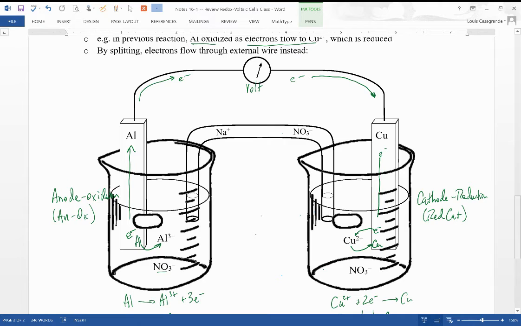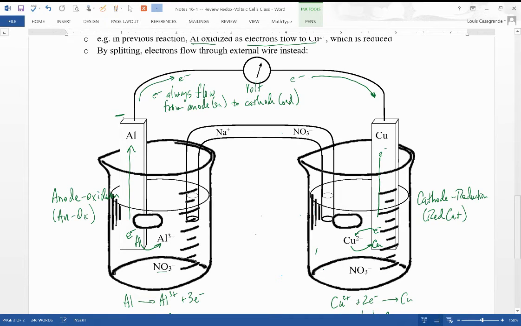In these electrochemical cells, the electrons always flow from the anode, because they're going from the oxidation, to the cathode, to the reduction. And hopefully that makes sense to you. All right, so there's some more things going on here. The anode is always given the negative charge.